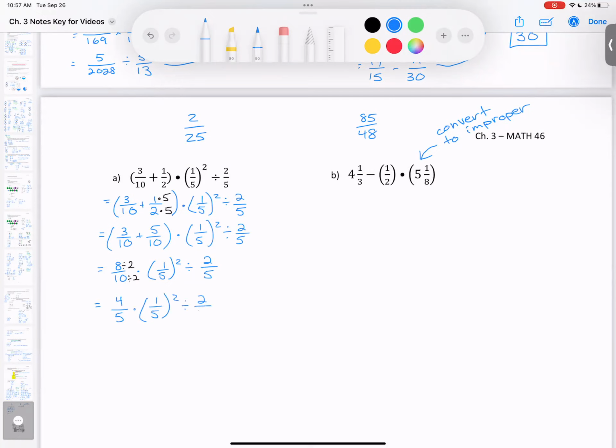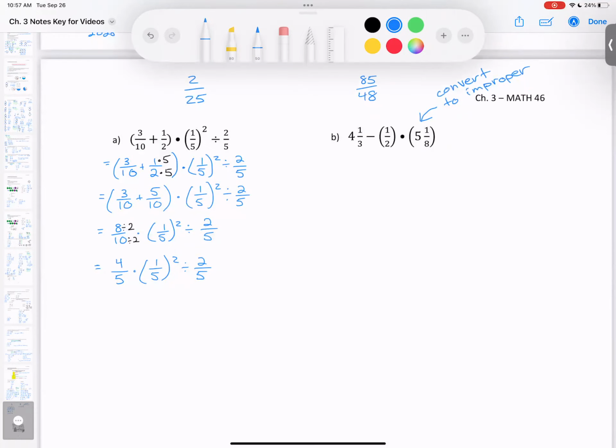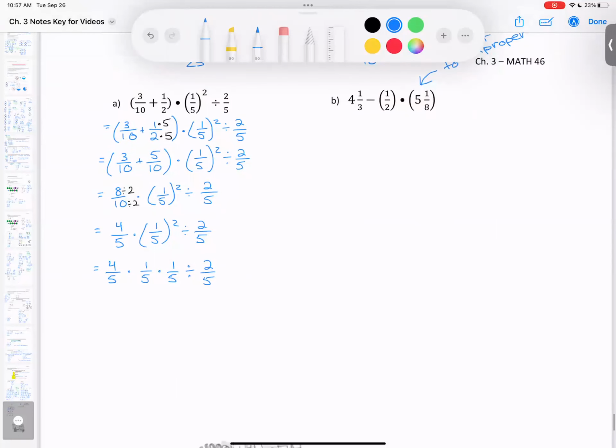Okay, now what? Well, now we've dealt with our brackets, but we have some exponents. So let's deal with our exponents. So 1/5 all squared is going to be 1/5 times 1/5. And so I'm going to write it out. And now actually we just have multiplication and division left.